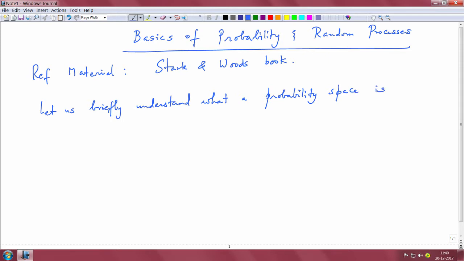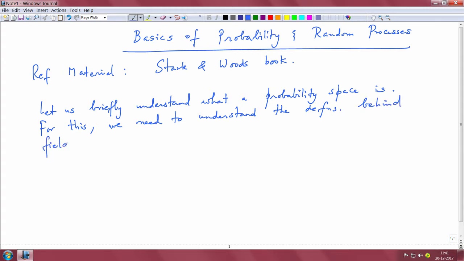For this purpose, we need to understand the definitions behind fields and sigma fields.